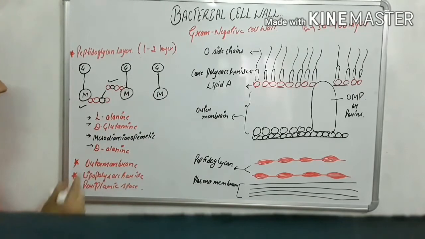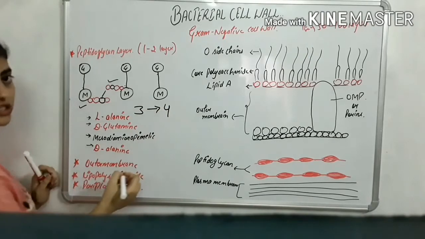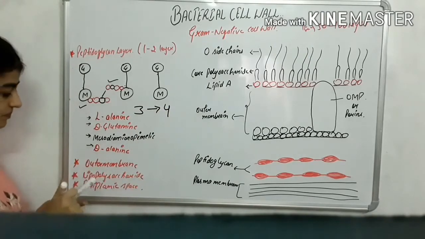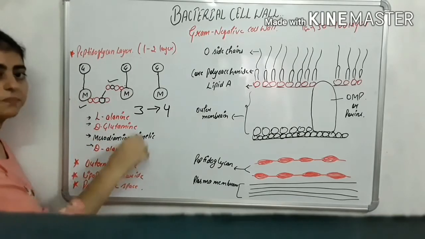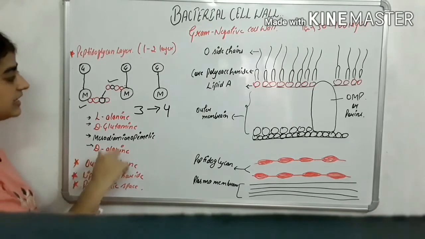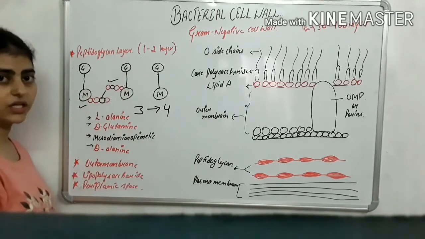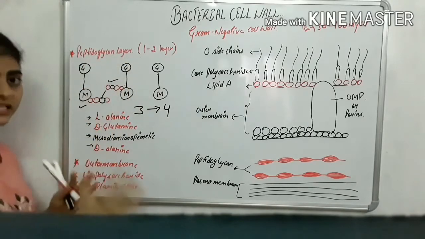The third position will interact with the fourth position. This means the meso-diaminopimelic acid on the first chain will interact with the D-alanine of another tetrapeptide chain. In this way the peptidoglycan layer is arranged.